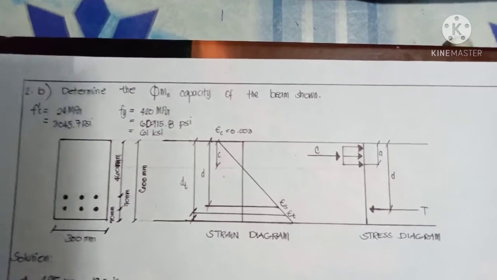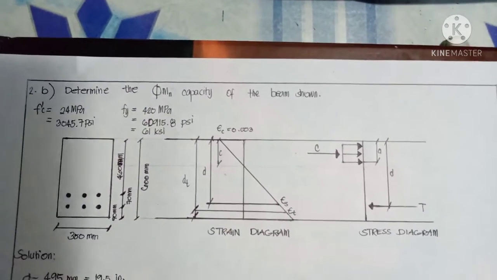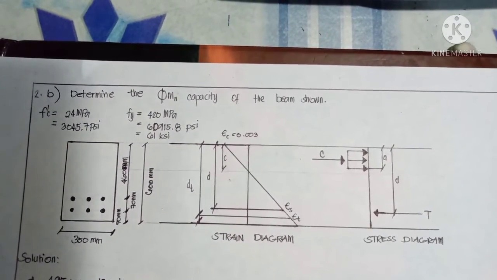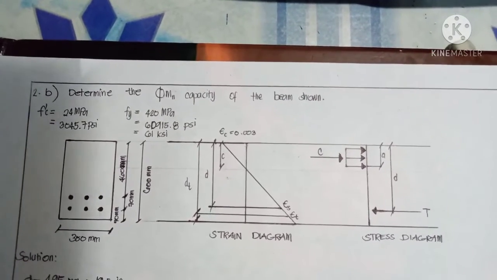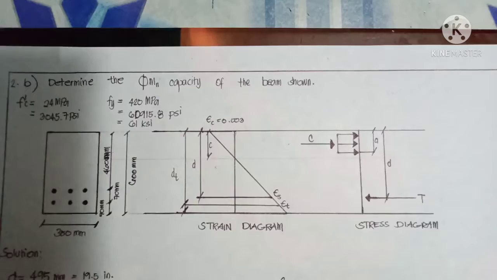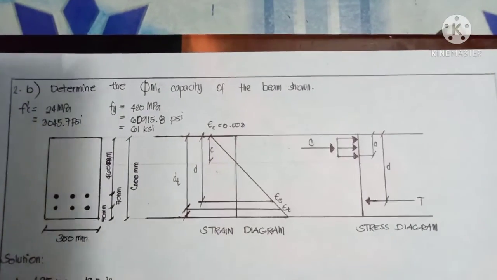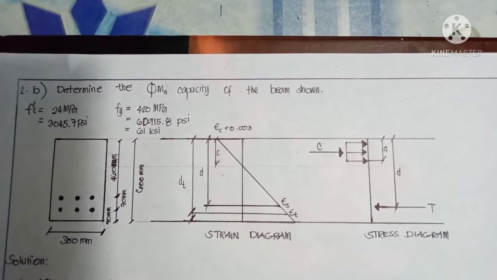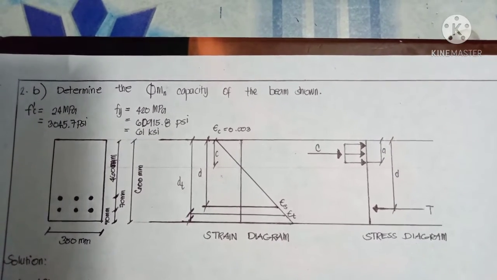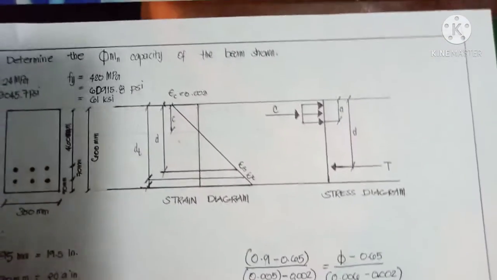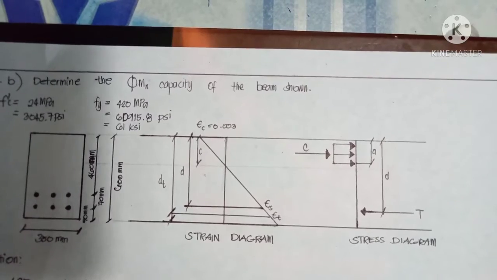We are given 24 MPa, or 3045.7 in PSI, for the f'c and 420 MPa, or 60,915.8 in PSI, or 61 in KSI, for the value of fy. So let's start by constructing the stress-strain diagram.